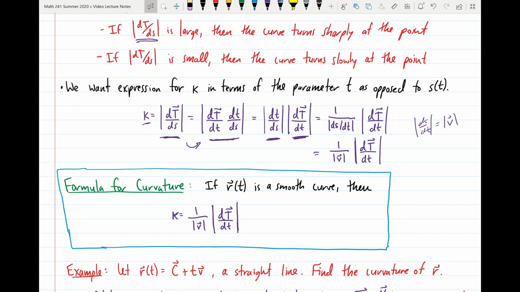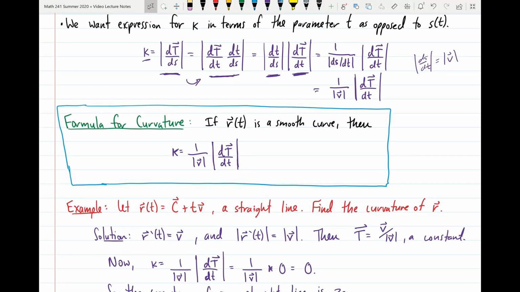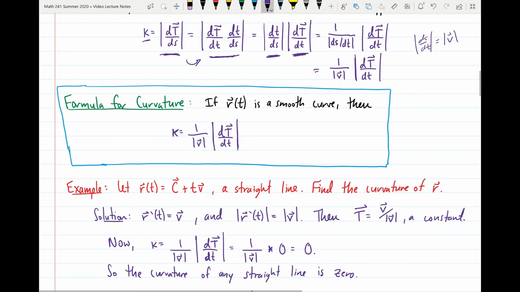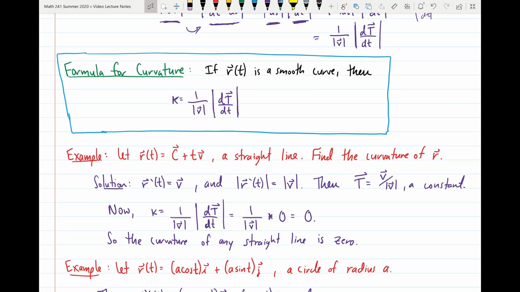And so we end up finding that if we have a smooth curve r of t, then the function for curvature can be calculated as 1 over the magnitude of the velocity function times the magnitude of the derivative of the unit tangent vector with respect to t, which is good because now we've taken the definition for curvature given with respect to s, the arc length parameter, and we've developed a formula for curvature that doesn't require us to use the arc length parameter. We can use t instead.